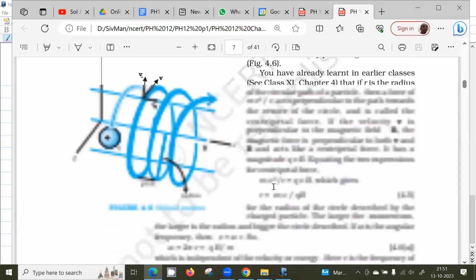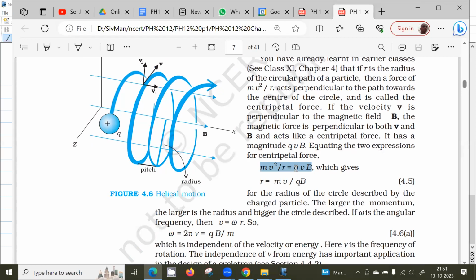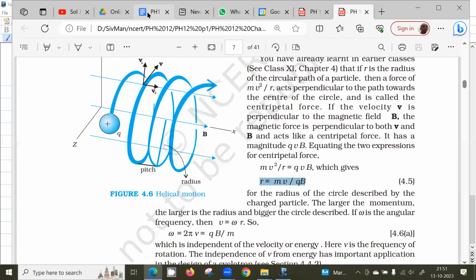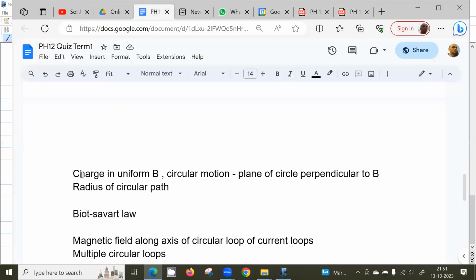So it becomes just qvB. That is equal to the centripetal force. So you get the radius of the circular path as this. You should know this. For a charge in uniform B, the circle will be perpendicular to B, and we have to get the radius of the circular path.